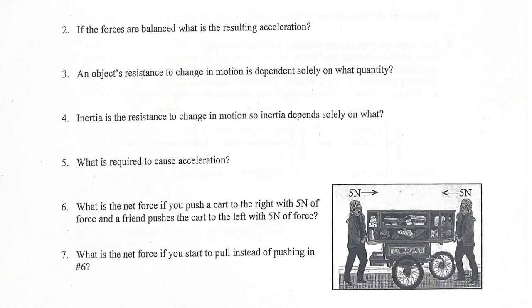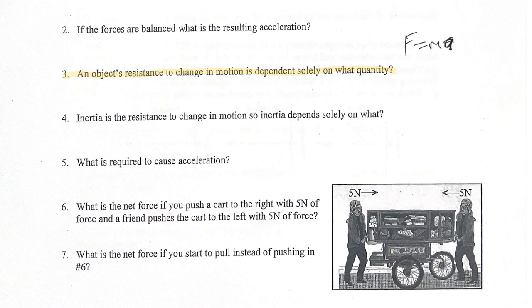Let's have a look at this question here. An object's resistance to change in motion is dependent solely on what quantity? It's resistance to change. So you will change when you have a force applied to it, but how much you change your acceleration is dependent on what? So its force is equal to ma, right?